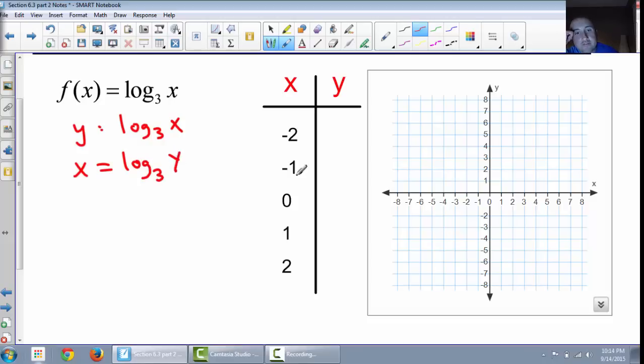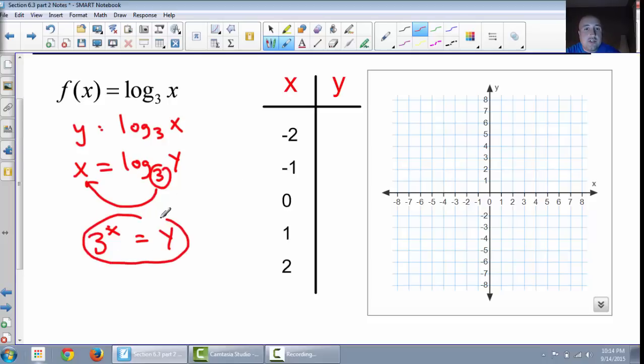Apply the definition: the base raised to what's after the equal sign is equal to the y value. So now this is the equation that we're going to use in order to graph.